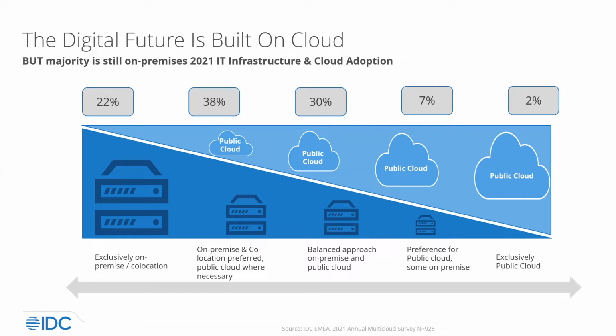And only 2% of organizations are at the other end of the spectrum and have a preference for running exclusively on the public cloud. So that means that the majority of organizations are actually running a mixed infrastructure that consists of on-premise and hybrid and public cloud elements that they need to run in an efficient way. And the most efficient way to operate this mixed infrastructure is actually by operating it as a hybrid cloud.